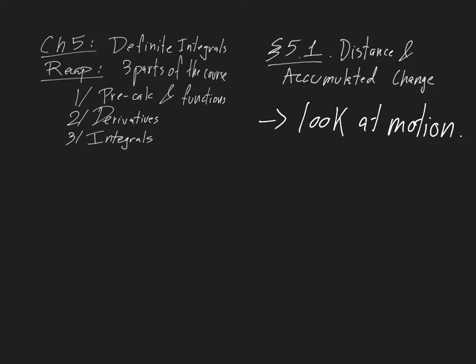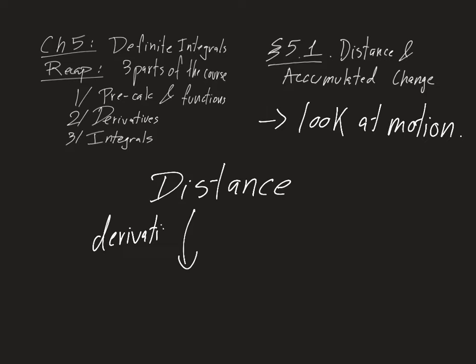And when we're talking about the physical idea of motion, we saw that in the case of derivatives, the idea was that if I have a function that gives you distance, you can use derivatives to get a function that gives you speed.